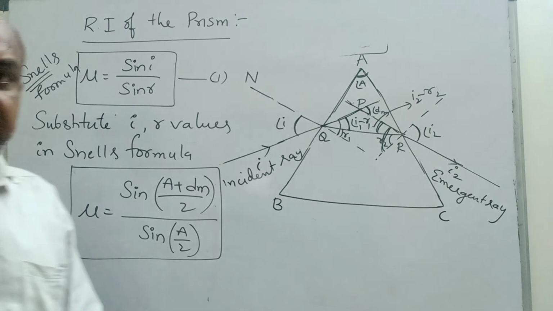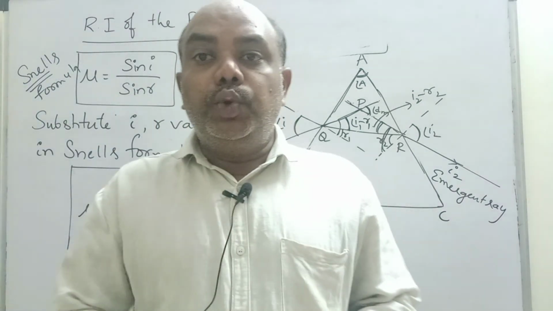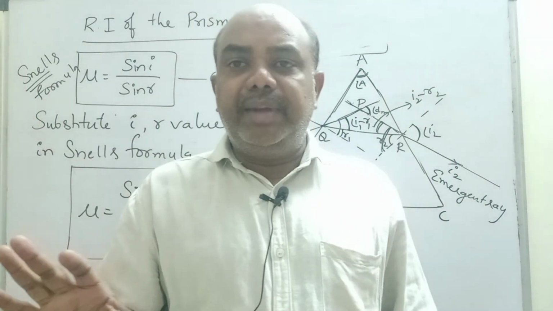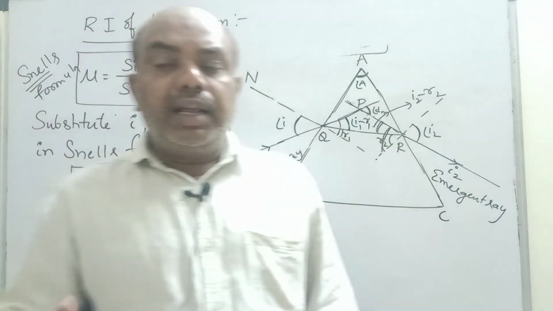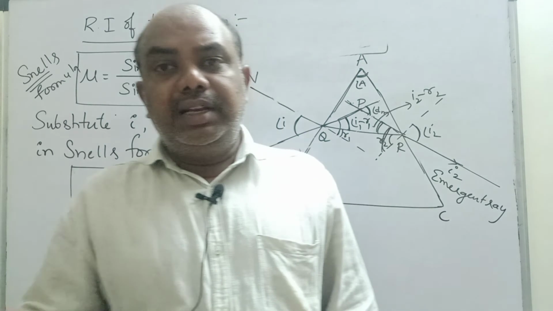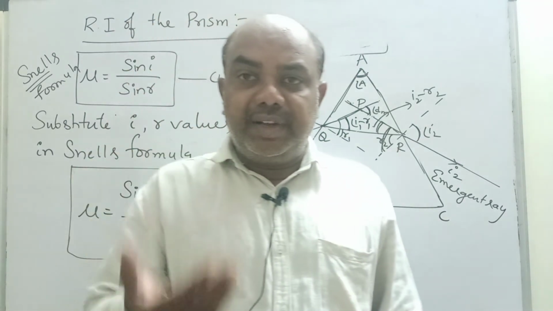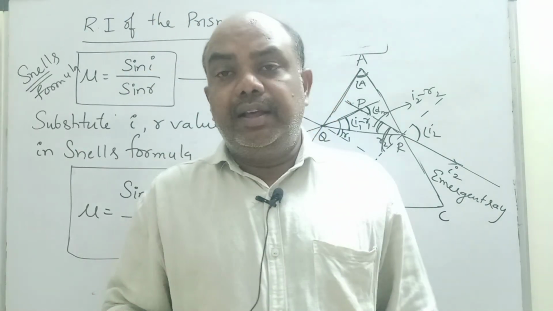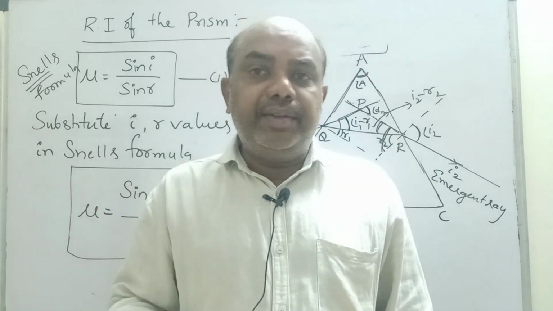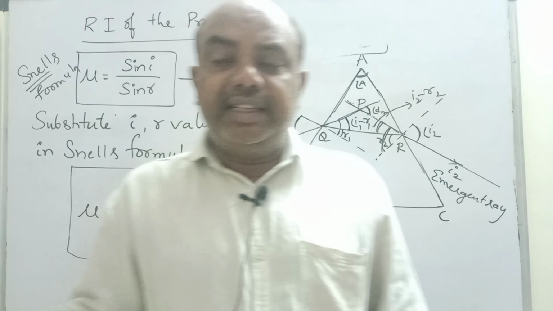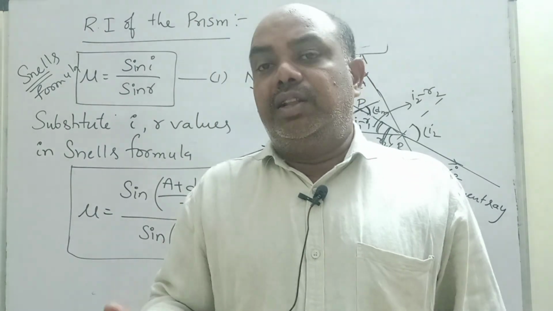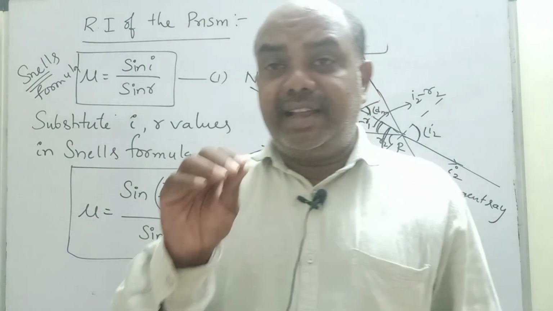Once again I am repeating, refractive index is the unique property of every transparent medium. Every transparent medium means what? Water, kerosene, petrol, glass, lens, these are all transparent. If you see from one side, you can see the other side. If it is a mirror, you can see your image only. That means reflection. Refraction means if you can see the other side also. That is called refraction, and that is called refractive index. It is a number.